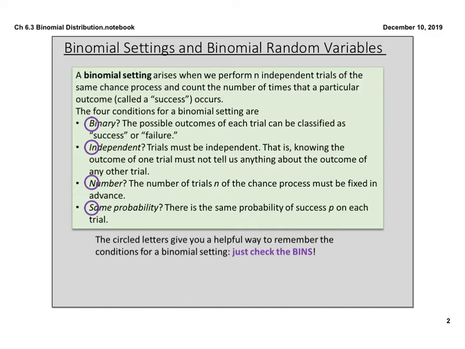Each individual trial has to have the same probability of a success. They give you a fun little acronym here, BINS. Check the BINS. That's what you can use to remember the characteristics of a binomial setting. So is it binary? Are the trials independent? Do you know the number of trials, and do they have the same probability? So if you like little fun tricks like that, there you go.